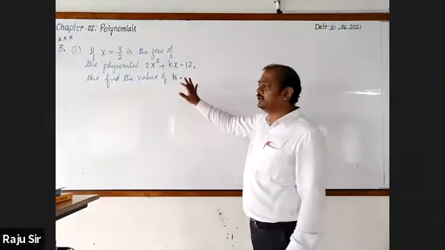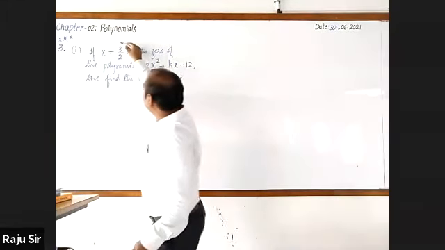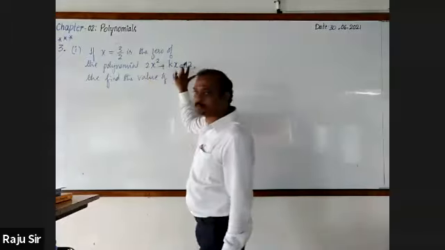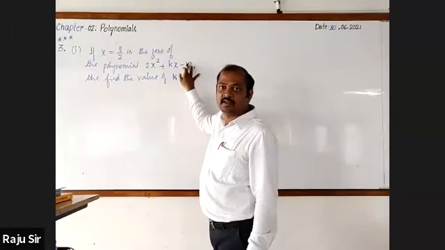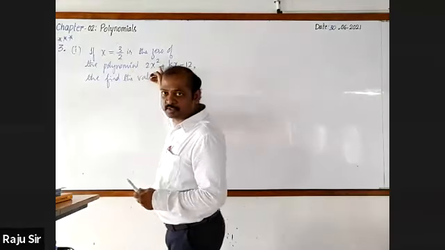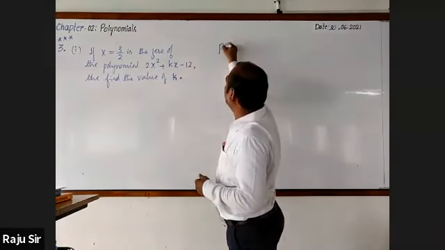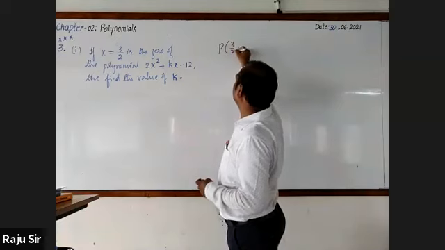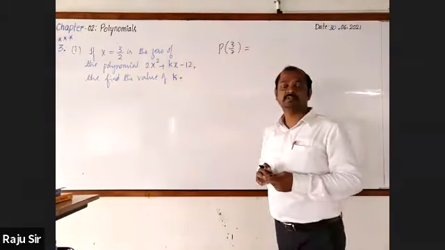You know, this is very interesting. 3 by 2 is the zero of this polynomial. If it is a zero of this polynomial, then what will be the value of p of 3 by 2? 0.